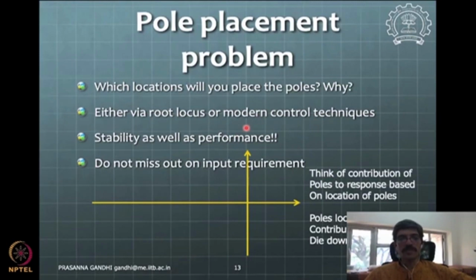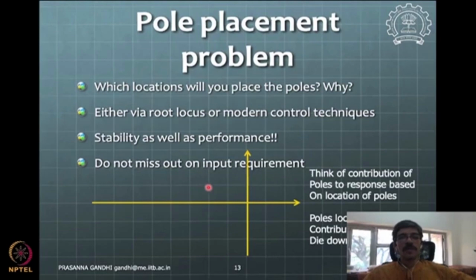For example, if the system is controllable, you can place the poles at any locations in the left half plane. That's a very strong result from modern control theory. Of course, that requires state feedback, but by using state feedback, you can design the controller such that you get the closed loop poles at the desired locations in the left half.